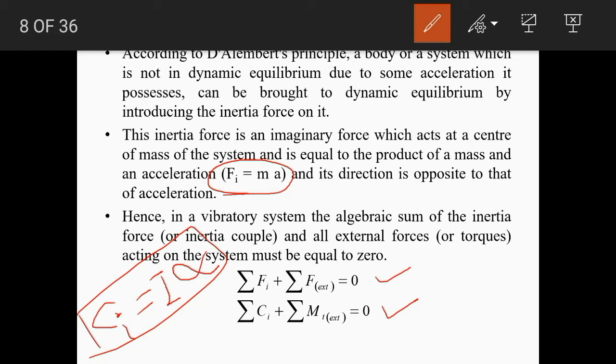And if the system is subjected to both forces and torques or moments, then we need to consider both conditions, and only then can we consider the system to be in dynamic equilibrium.